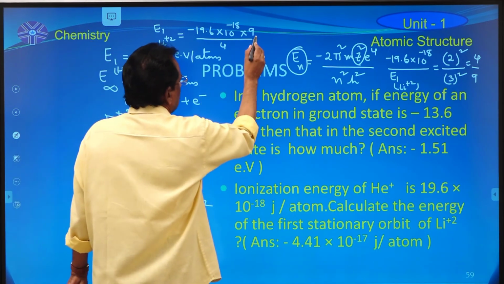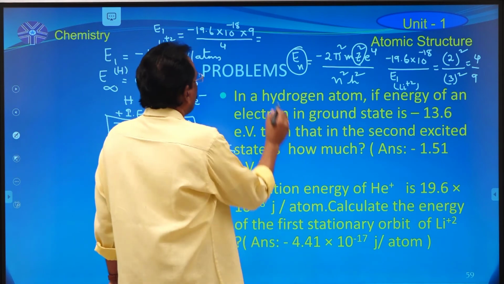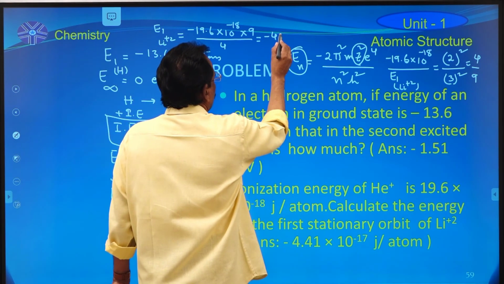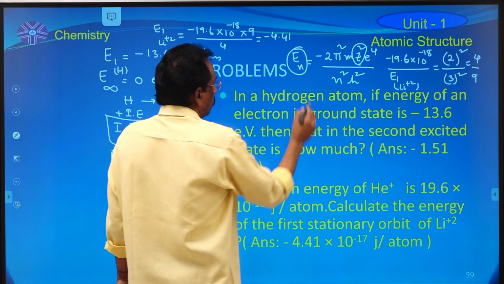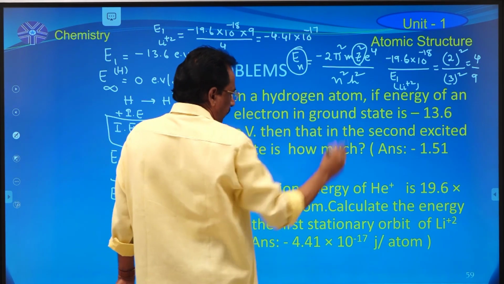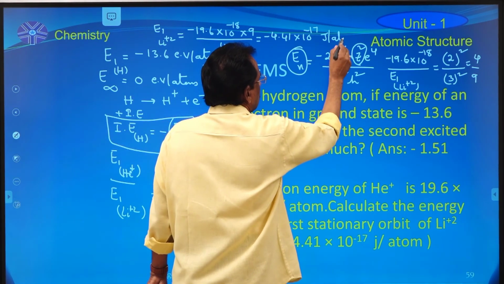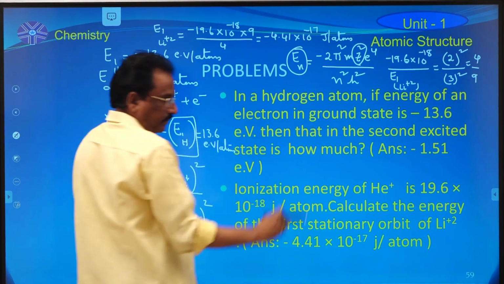This is nothing but minus 4.41 into 10 power minus 17 joule per atom. So, this is the answer for that question.